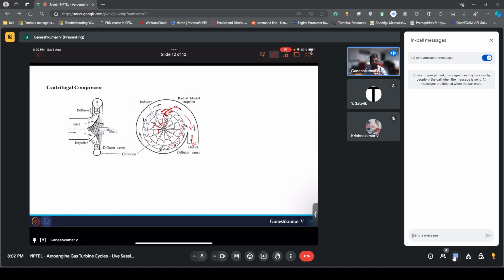Then, when it goes through the radial diffuser vanes, it again gets diffused and compressed more. The diffuser usually increases the pressure, and in addition it also corrects the direction of the flow. So some percentage of compression happens because of the impeller motion, and some happens in the diffuser. That is how the centrifugal compressor works, basically.